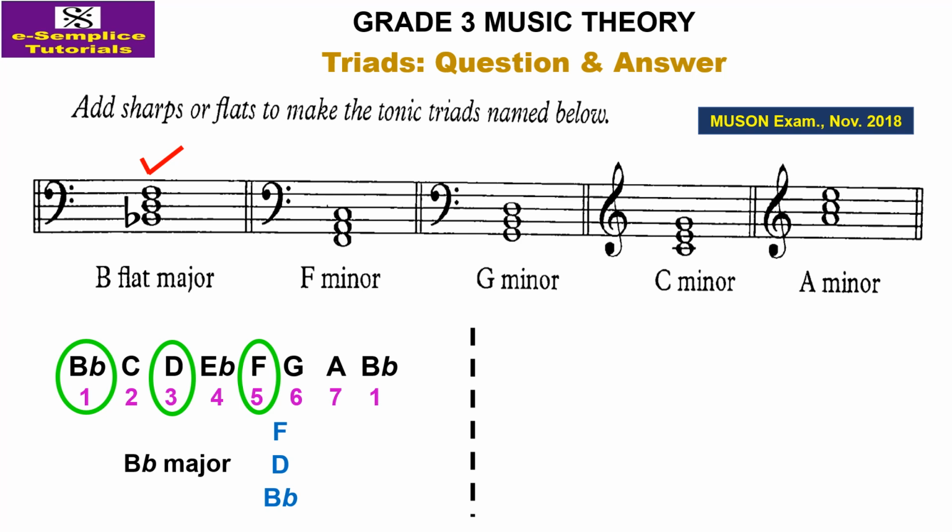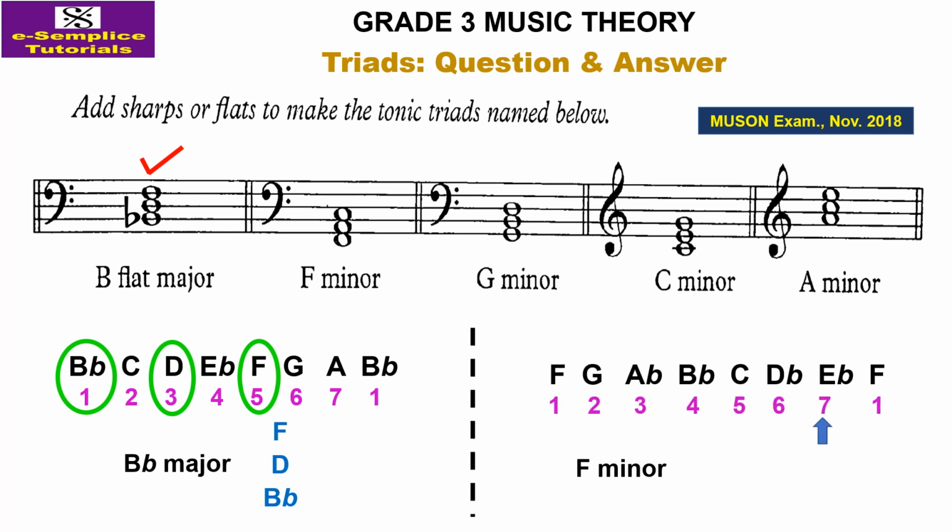Let's move to F minor, the usual thing. The minor key, raise the 7th degree, and then your tonic, third, and fifth. Stack. You have F, A flat, C. It's already given, so you are adding A flat to A. We are done with that.